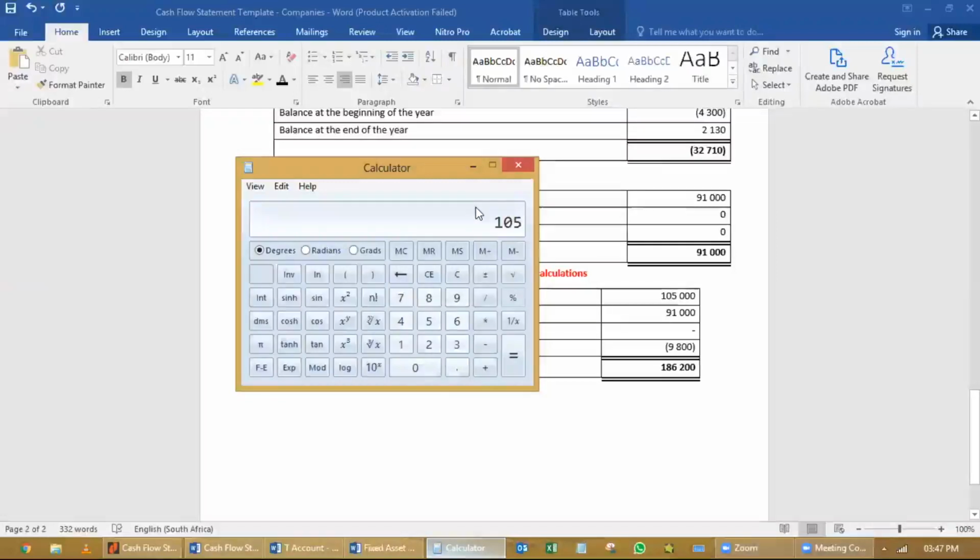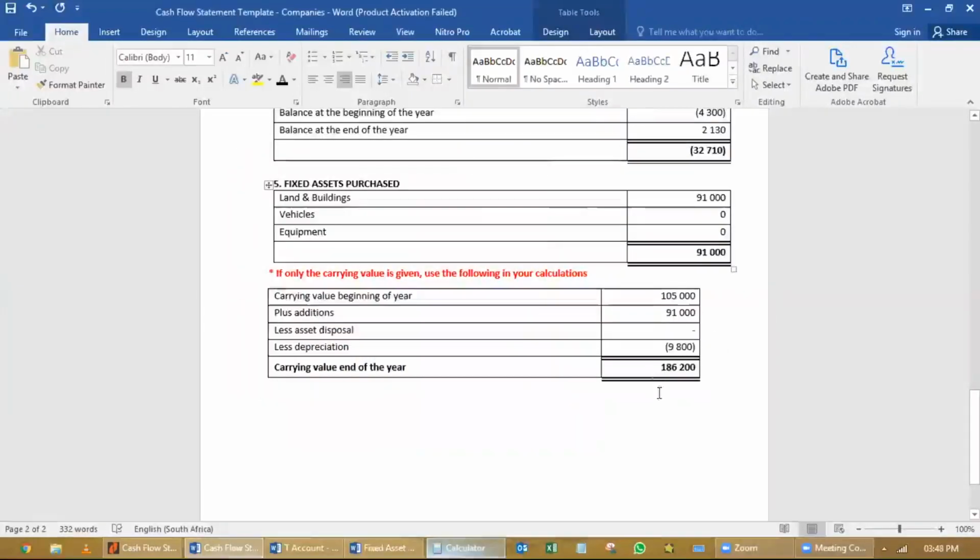So you go 105 plus the 91 minus the 98, just do normal ones, and you'll get that. So then you know my calculations here are correct. We've done this backwards working before, so then you can know how much I spent on the assets, the 91,000.